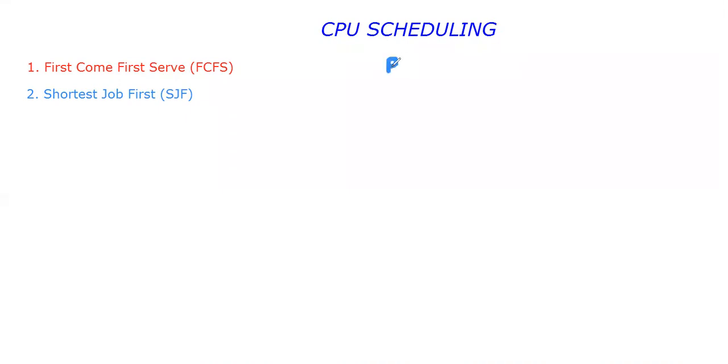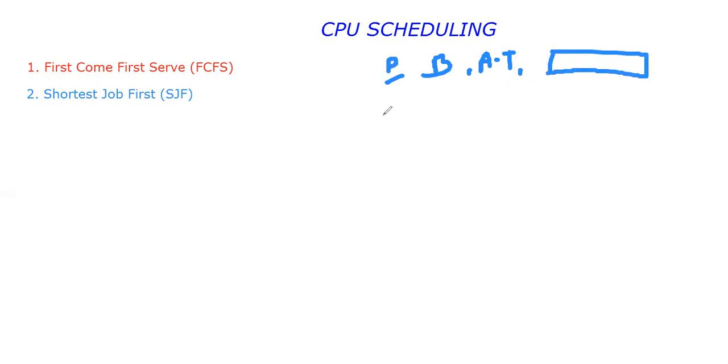So we require the process. What else we require? Apart from process, we require burst time and arrival time, and we need to design the chart.